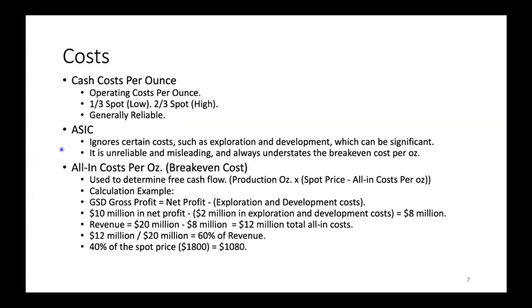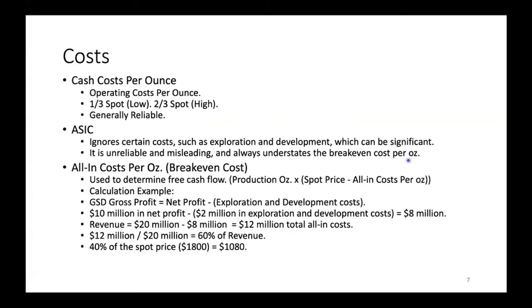AISC, this is the all-in sustaining cost, and it basically ignores certain costs, such as exploration and development, which can be significant. Since it ignores certain costs, it's unreliable and misleading and always understates the break-even cost per ounce.